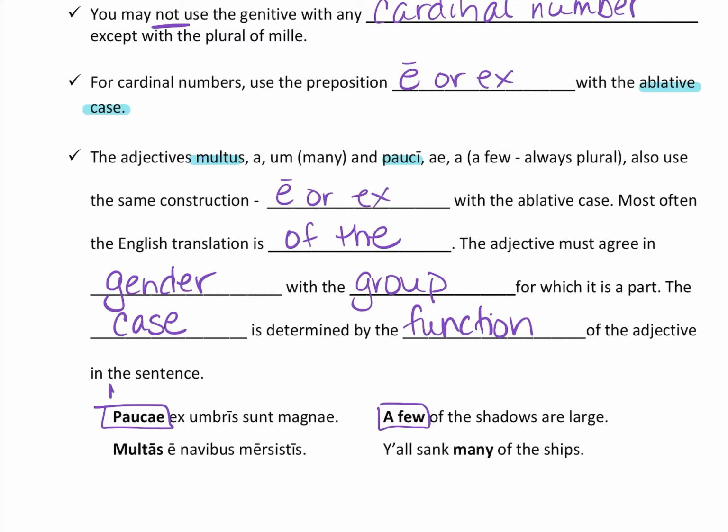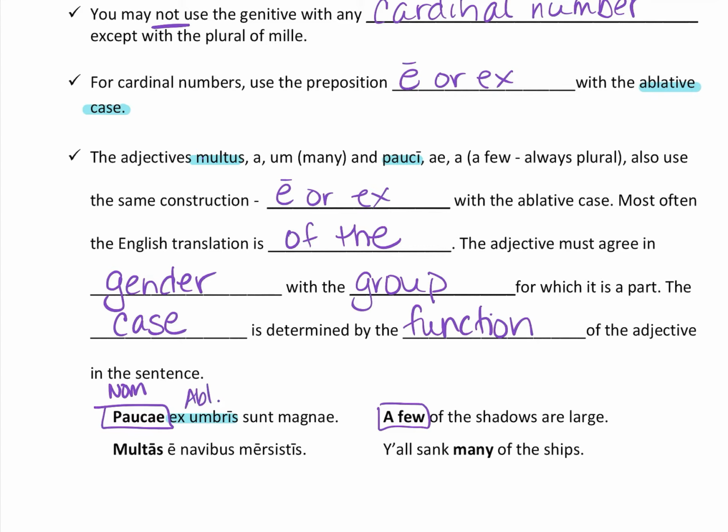A few are large. So it's behaving as the nominative here. You can see the e or ex with umbris. So it's "a few of the shadows." It's behaving as the nominative, even though we are using the ablative case here.